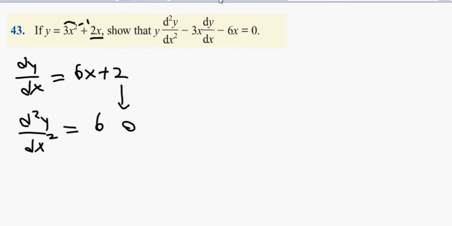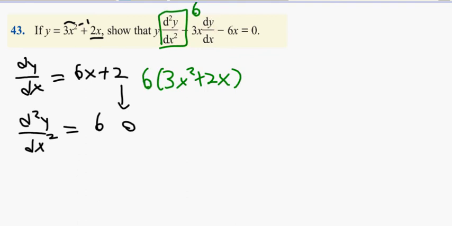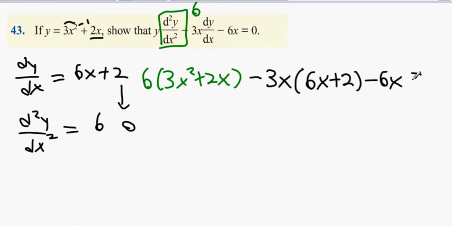Let's put it in. Y is 3x squared plus 2x. We're going to multiply that by the second derivative. The second derivative is 6. Might as well put the 6 to the front. Minus 3x times the first derivative, and then minus 6x equals 0. So what we're going to get next is this, guys.